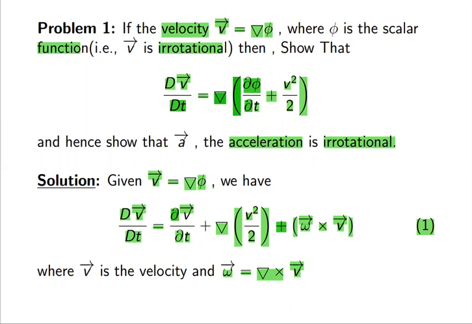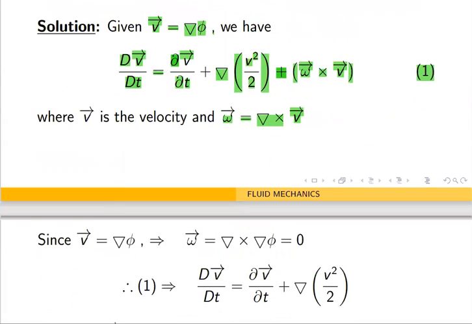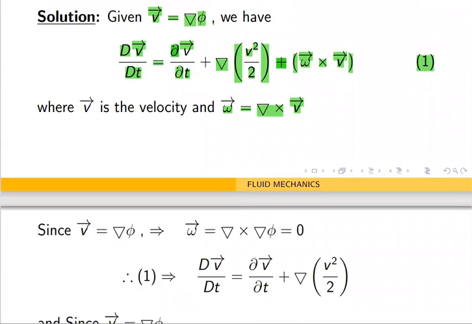Now what have they given? They have given v is gradient phi. So we'll find what omega is. Omega is nothing but curl of v. V is nothing but gradient phi, and we know that curl of grad is 0. So omega is 0.